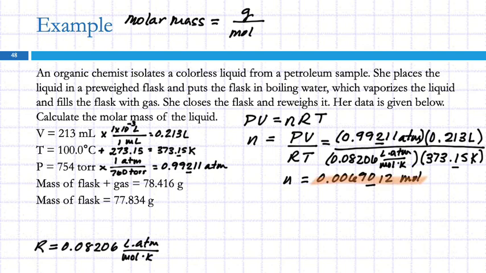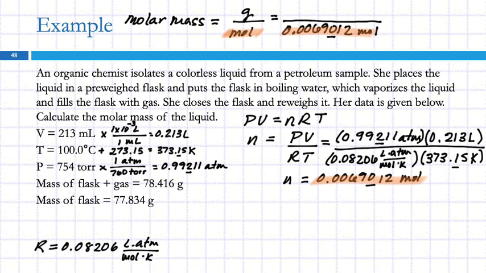So there's our amount in moles. We can go ahead and write it up there if we want. And then the other thing that we need is the mass. The mass isn't given to us here.